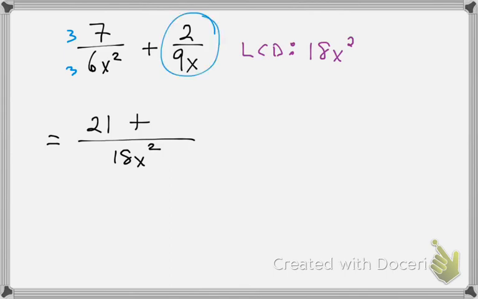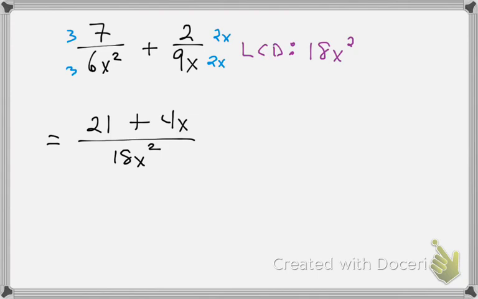What is my second fraction missing? 2x. So if I multiply the bottom by 2x, I have to multiply the top by 2x. So that's going to give me 4x. Is that okay?